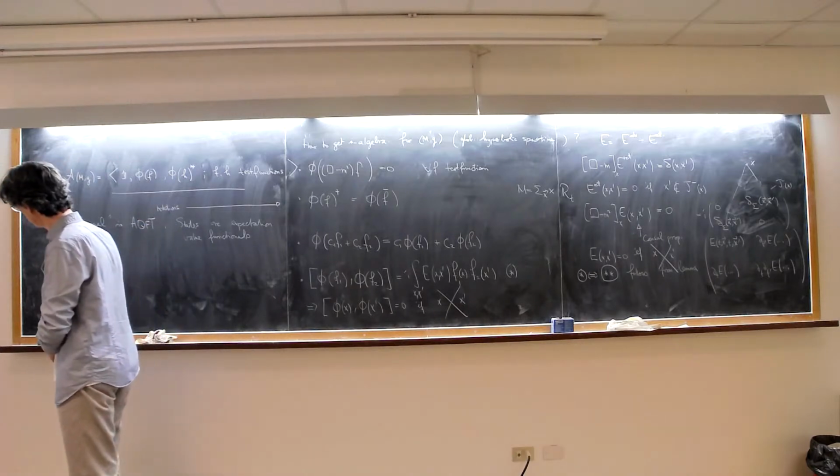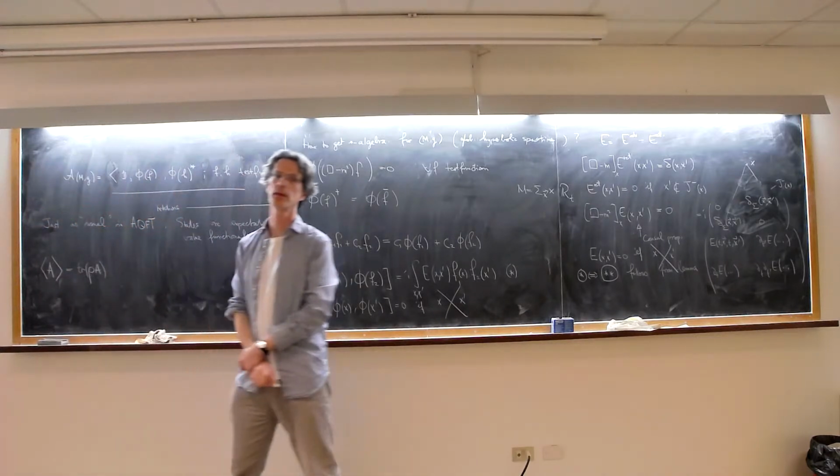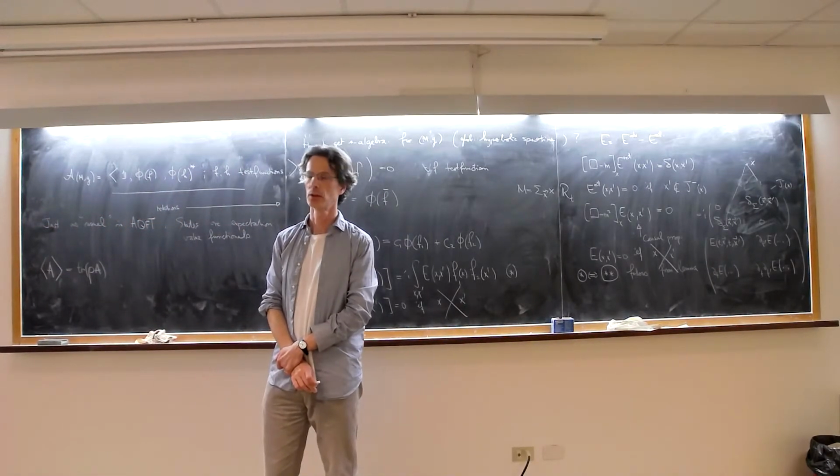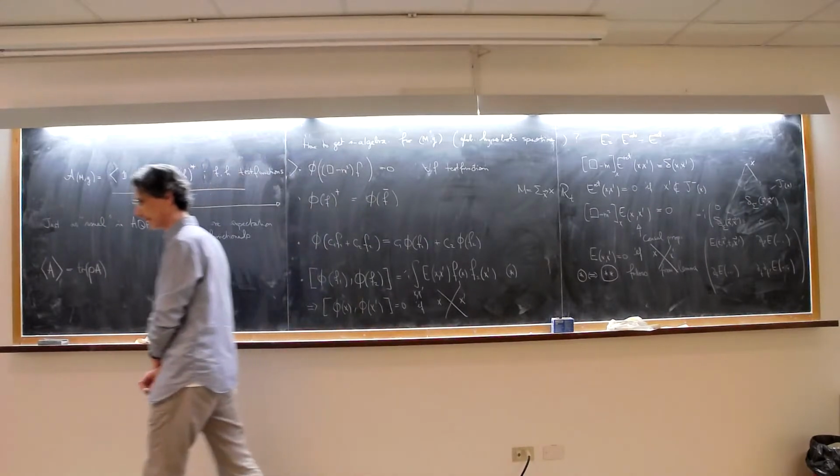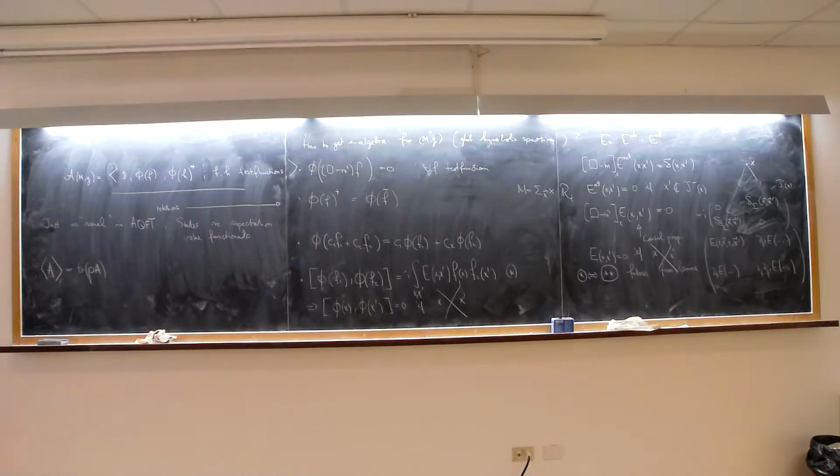In this case, it's in one-to-one correspondence with the density matrix. That makes perfect sense if your observables are already on a Hilbert space, but here you have an abstract algebra that is a priori not on a Hilbert space. So a state is defined by linearity and positivity.